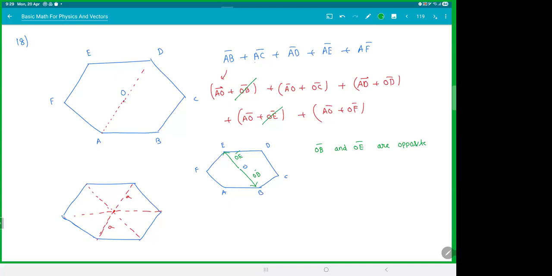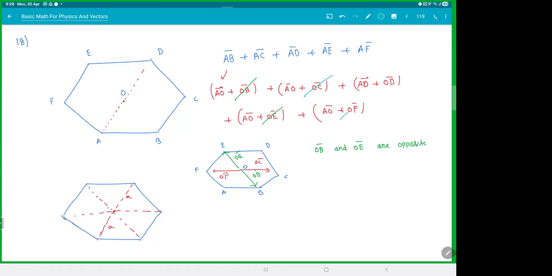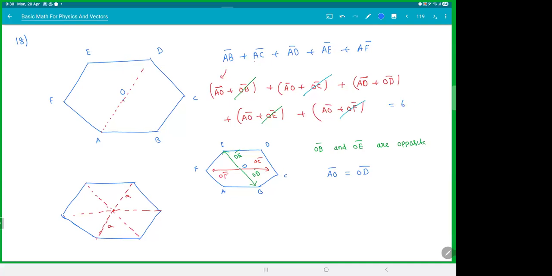Same argument you can say: OC is this way, OF is this way. They are also opposite vectors. So OC and OF are also gone. So when you do this, you're left with AO, AO, AO, AO, AO, and one OD. And you can clearly see here AO bar is equal to OD bar because they both are parallel. Make sense? So this whole thing is 6 times AO bar. Therefore, n is equal to 6.